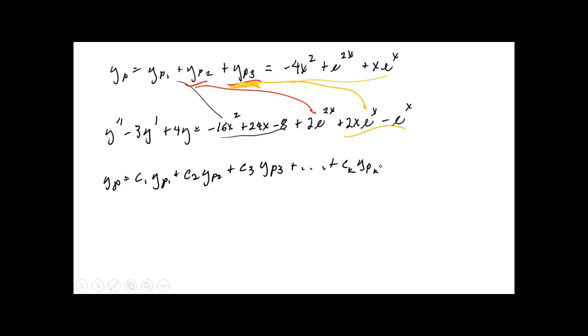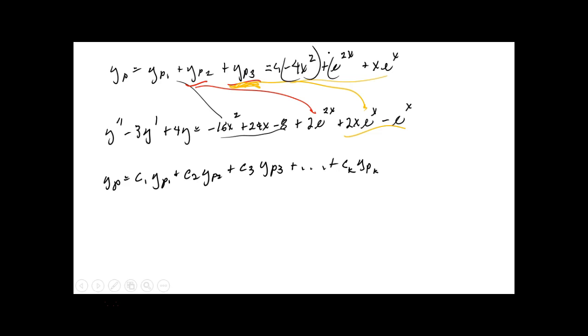That your particular solution would be any linear combination of any of these. So the one we just did, it doesn't have to be these. It could be any linear combination of c1 times this plus c2 times this plus c3 times this one. Okay? Will also be a particular solution.